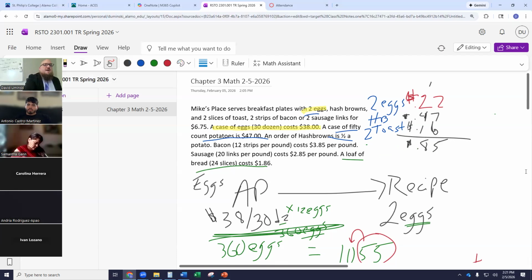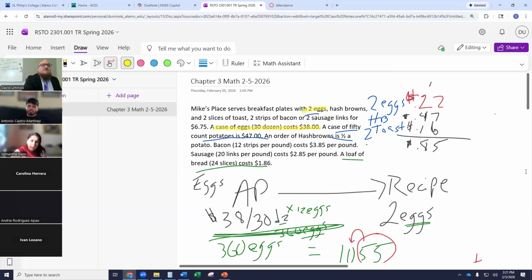And now let's talk about bacon and sausage. Okay. I want you to choose either bacon or sausage and try to see if you can find the serving size cost for bacon or sausage. Try it on your own.